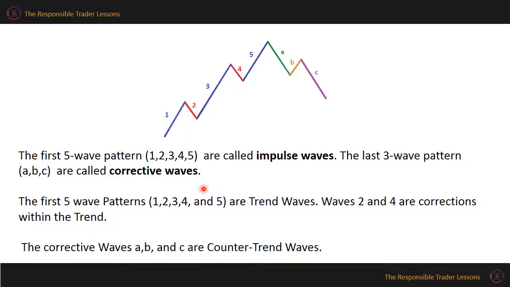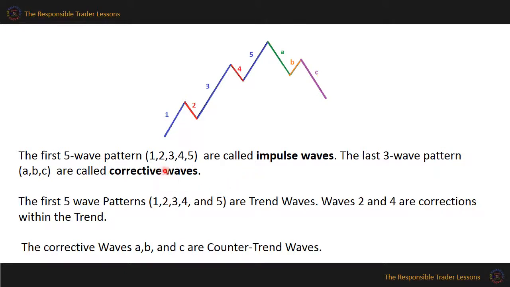The first 5-wave pattern, 1, 2, 3, 4, 5, are called impulse waves. The last 3-wave pattern, A, B, C, are called corrective waves.